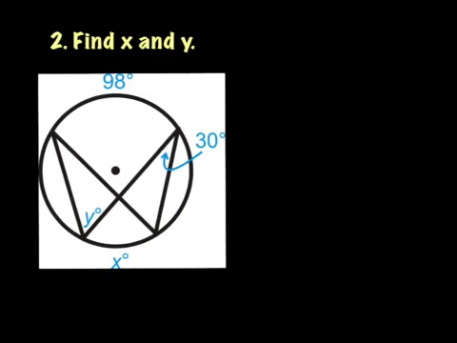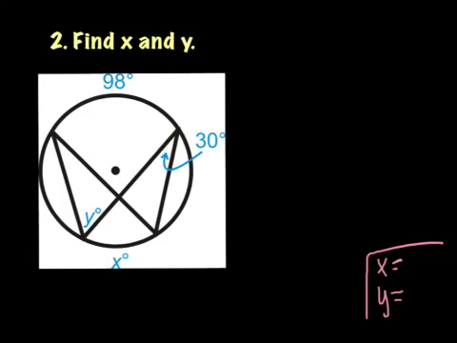Okay, problem number 2. Now we have to find x and y. So let's put a spot for our answer. Alright, so this can get a little confusing. There's so many lines, so many angles.